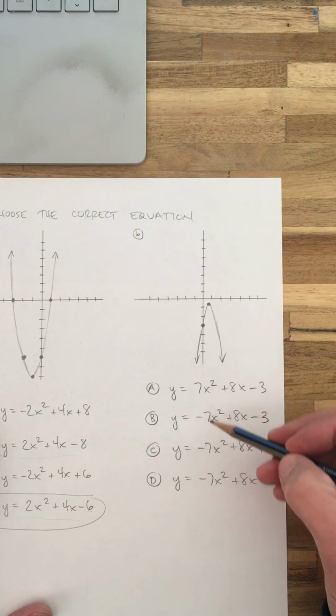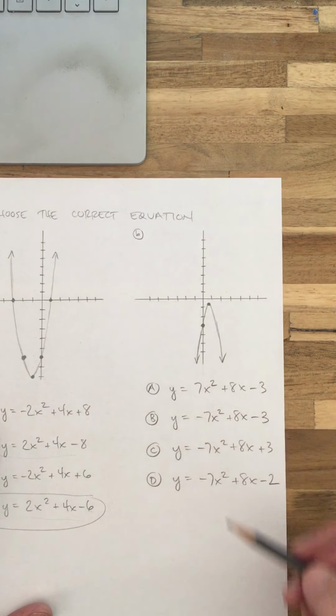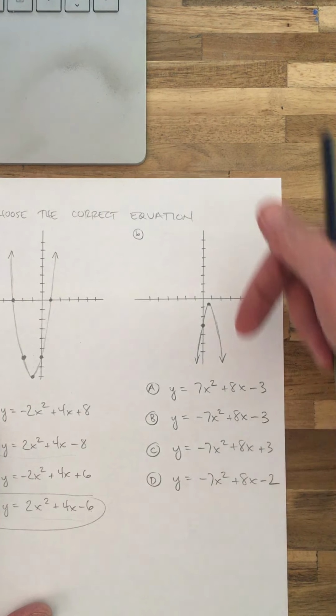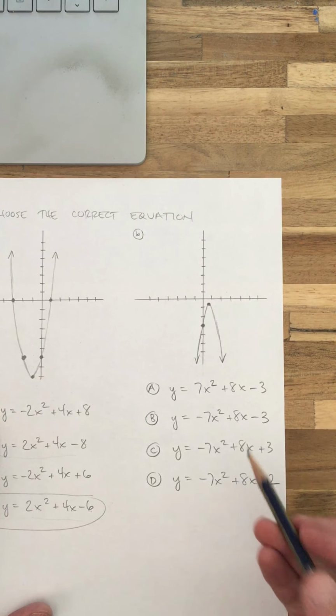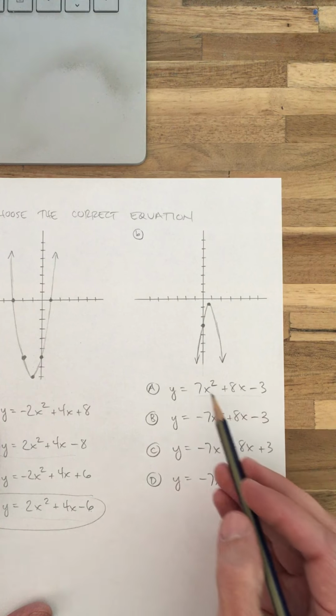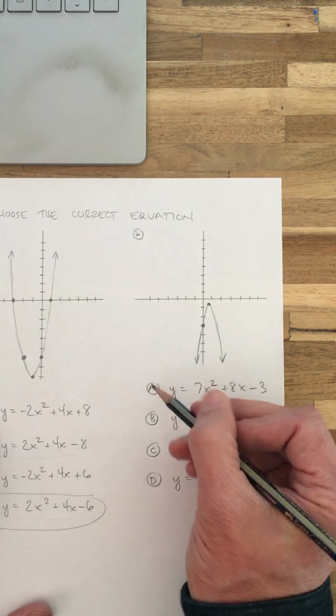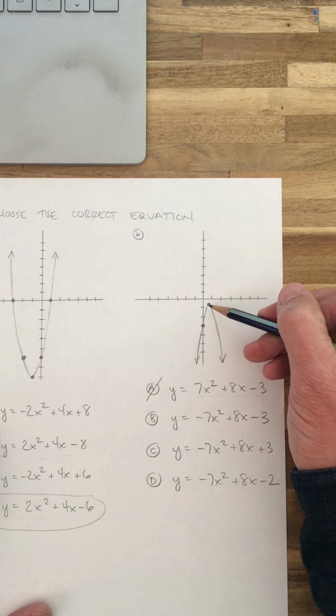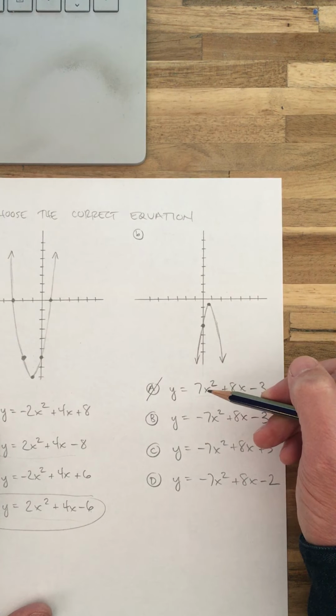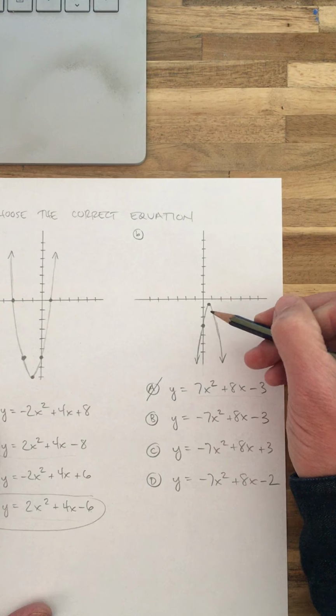But if you look at these guys right here, I'm just trying to figure out which one I could cancel off. I know that it's facing downwards, so which one doesn't work? This guy right here won't work because that's a +7. So I'm going to cross that guy off my list. Now, if you look, the slope here isn't necessarily 7.